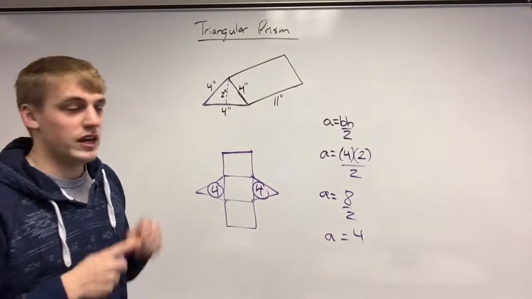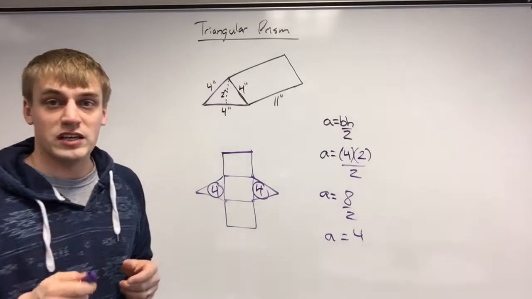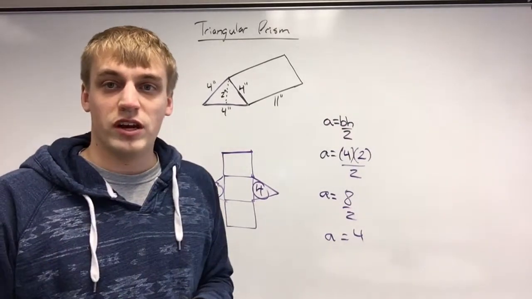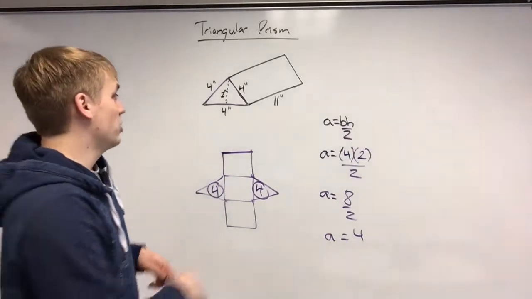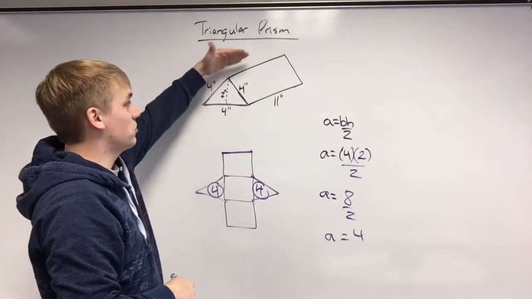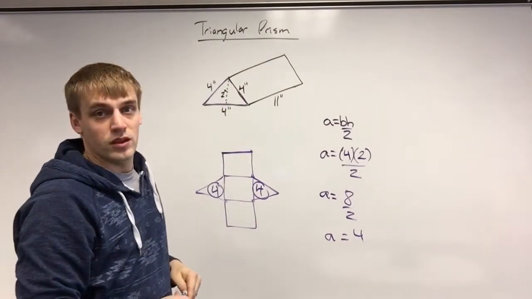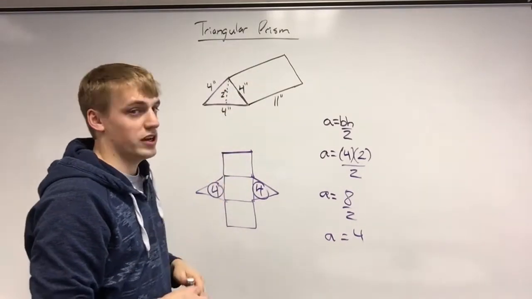Now the next part is to find the area of the rectangles. When you find the area of the rectangles, it's probably the hardest part because you can only see one of the rectangles, but you have to imagine that there's one on the back side and there's one on the bottom. So you have 3 rectangles you're finding the area of.